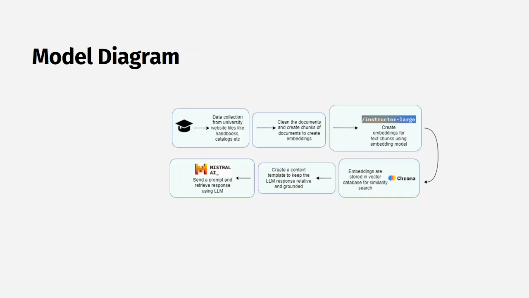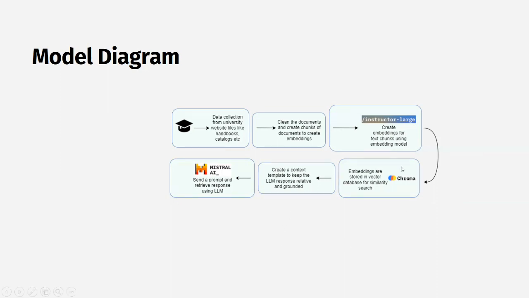The screening includes removal of index files or removal of excessive tables, etc. Then the files are converted into chunks, or small parts, so as to efficiently embed the whole document into vectors.